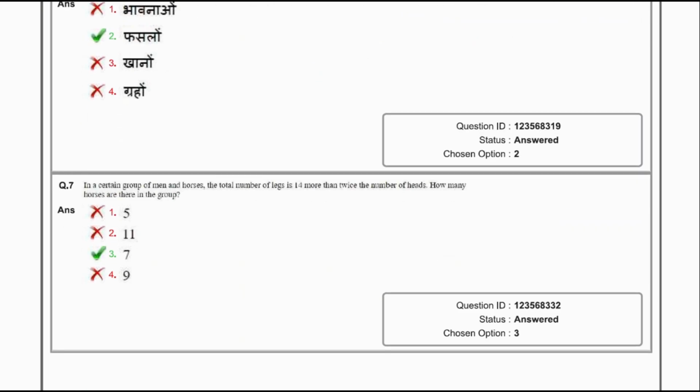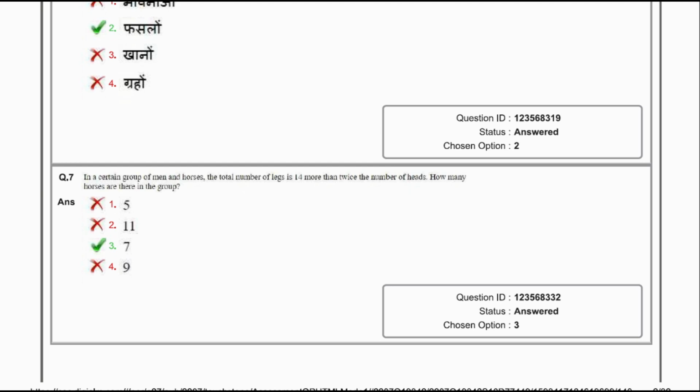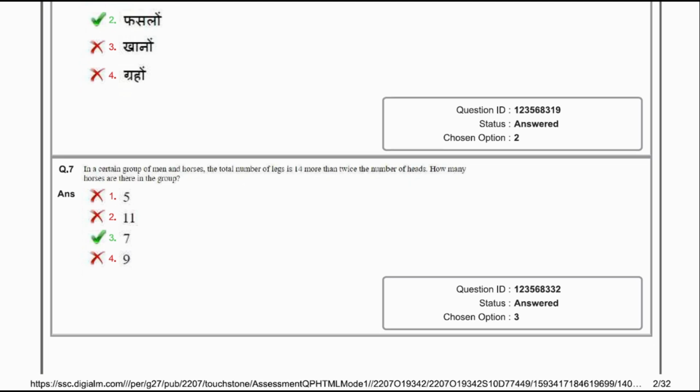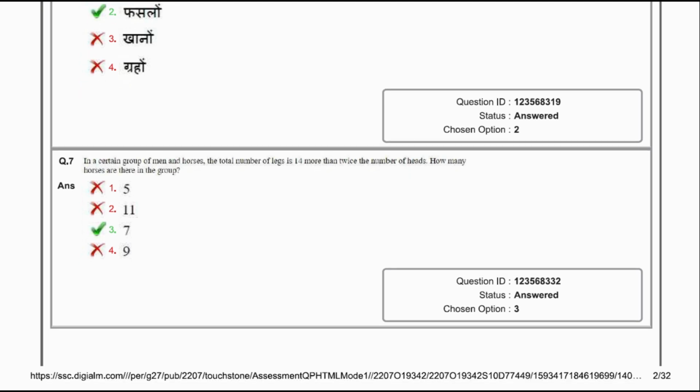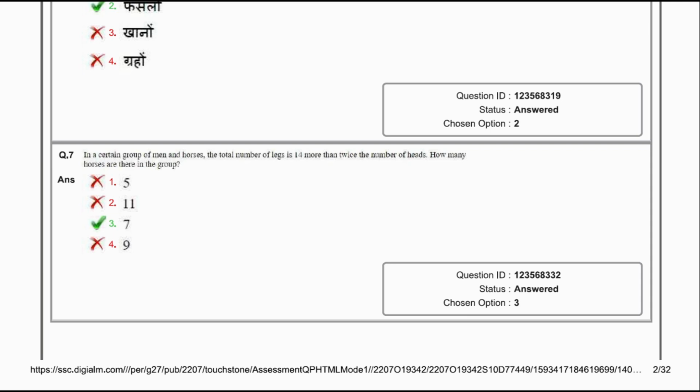Move to the 7th question. In a certain group of men and horses, the total number of legs is 14 more than twice the number of heads. How many horses are there in the group? The options are 5, 11, 7 or 9. Two legs are there for a man and four for a horse.